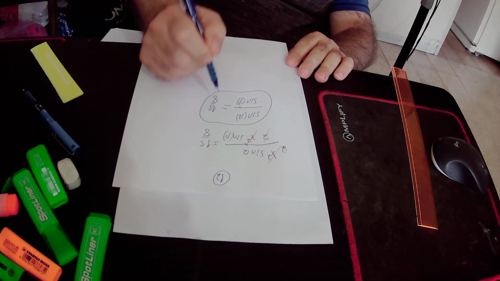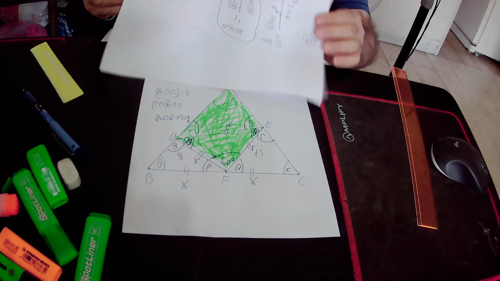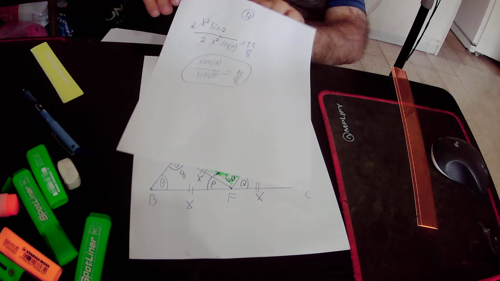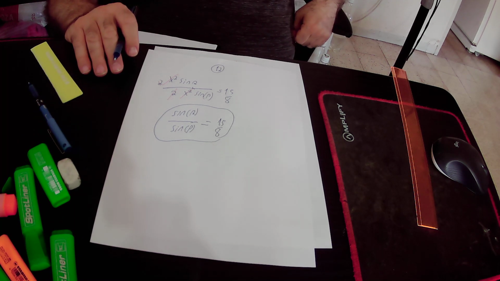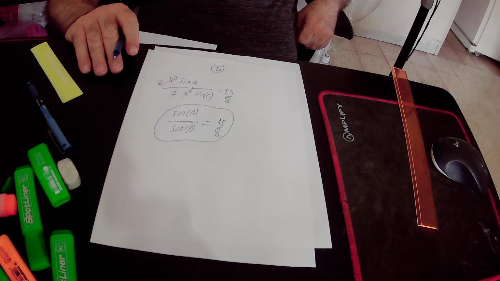Okay, so we got this equality: sine q over sine p equals 15 over 8.